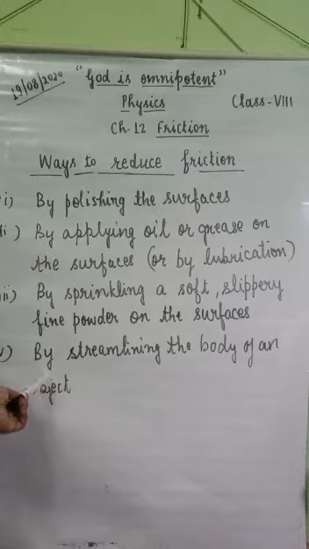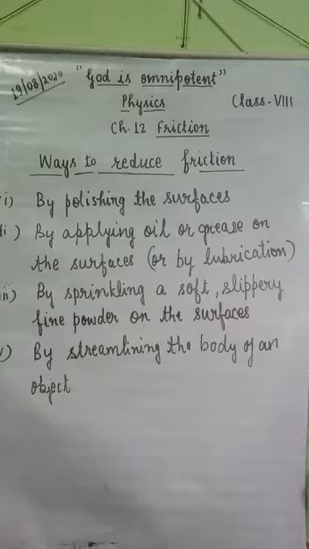Next is by streamlining the body of an object. A streamlined body helps to move in air and water smoothly. So streamlining the shape of an object helps to reduce friction, like the shape of an aeroplane, boat, or fish that move in air and water.